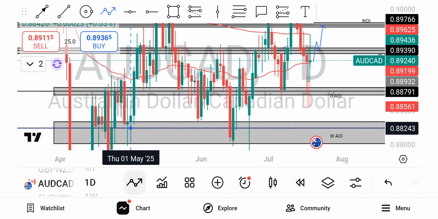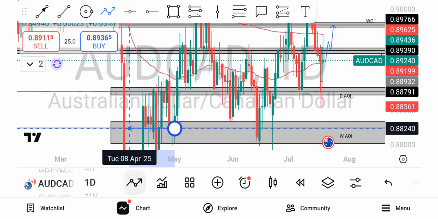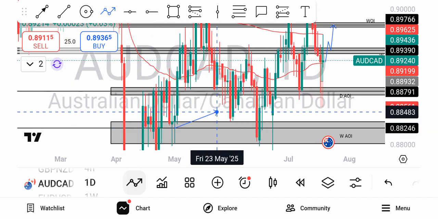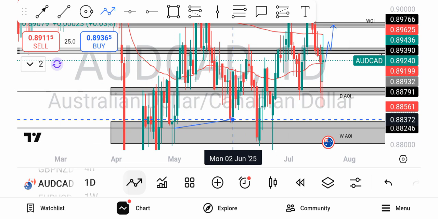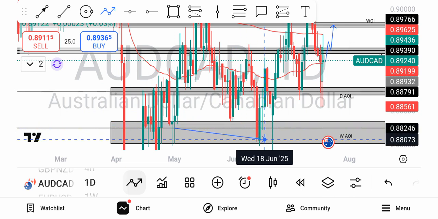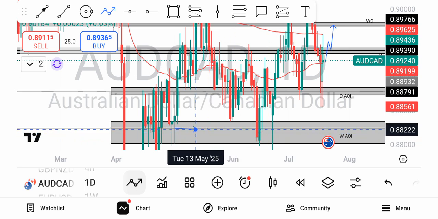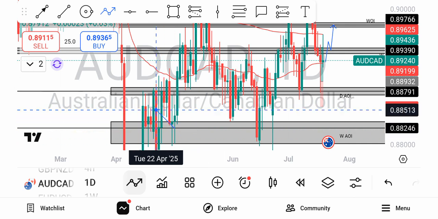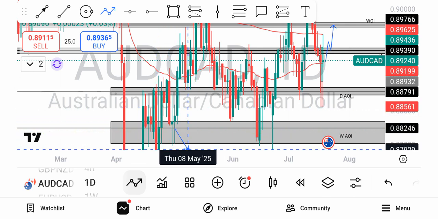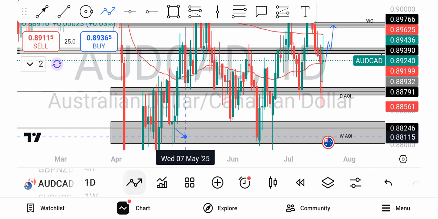It can hit different spots of an area of interest. As you can see, price hit here, and then came to hit here, and then there. It's never really one exact area of interest. So I drew a box there to indicate that this whole area is an area of interest. Move on to the next one.